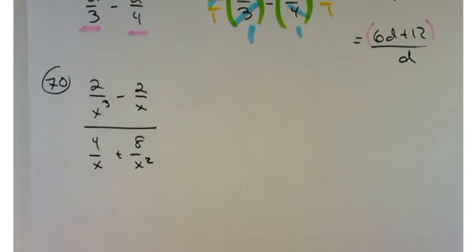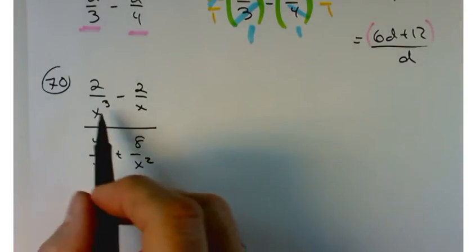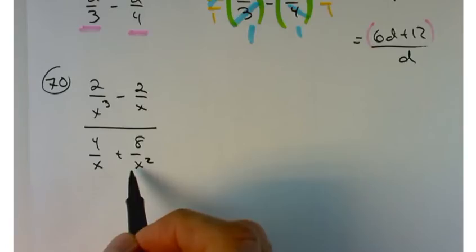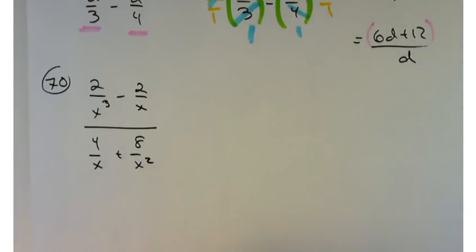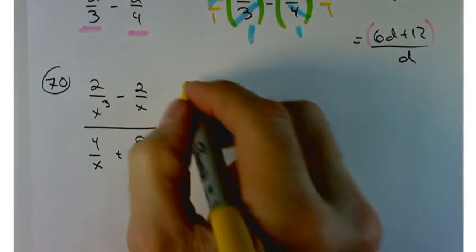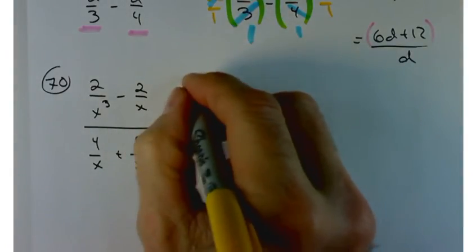Okay, so let's take a careful look at all the denominators. They're all powers of x, so they're all factored. The highest power of this factor is a cube. So we're going to multiply everything through by the LCD, which is going to be x cubed.